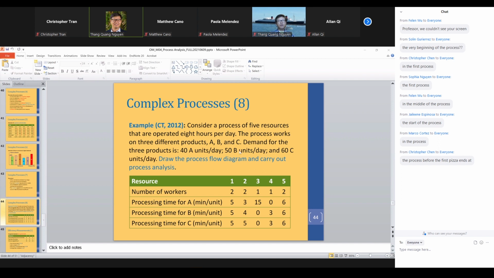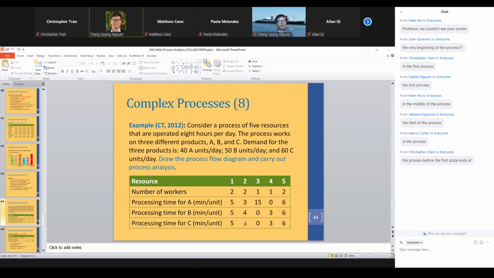So in this case, we talk about level 3 analysis because we talk about multiple products, A, B, and C, and at the same time, we talk about 5 different stations, 5 different equipments, 5 different resources or steps, right, for the dishes to go through. So that's why here they give us this matrix, this table. They tell us how long it takes to process 1 unit of A through station 1 and 2 and 3, how long it takes to process B through each of the stations, right?